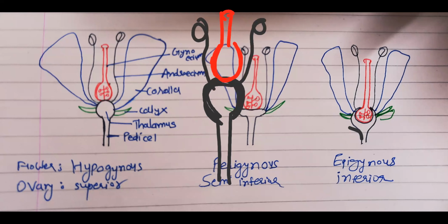Next petals are arranged. Then next sepals, right? We are going from inner to outer in this flower. Now can you tell me, in this one, out of calyx, corolla, androecium or gynoecium, which one occupies the highest position?